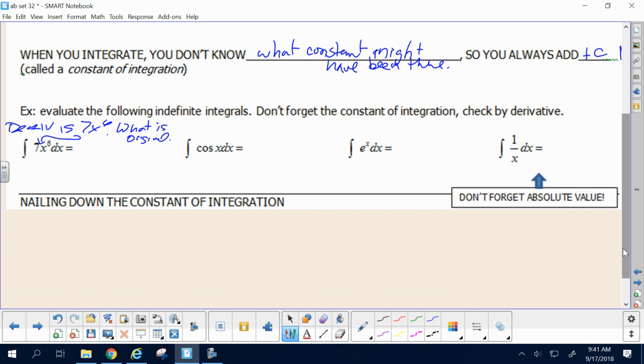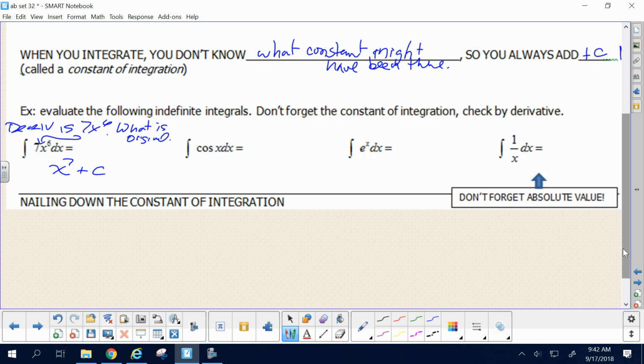Well, when you took a derivative, it reduced the power. So when you undo it, the power will probably get bigger. So what was the original problem? If the derivative was 7x to the 6th, what do you think the original was? X to the 7th, but could there have been a 1 there? X to the 7th plus 1, or 2, or 3. So we don't know what else was there, so we say plus some possible constant.